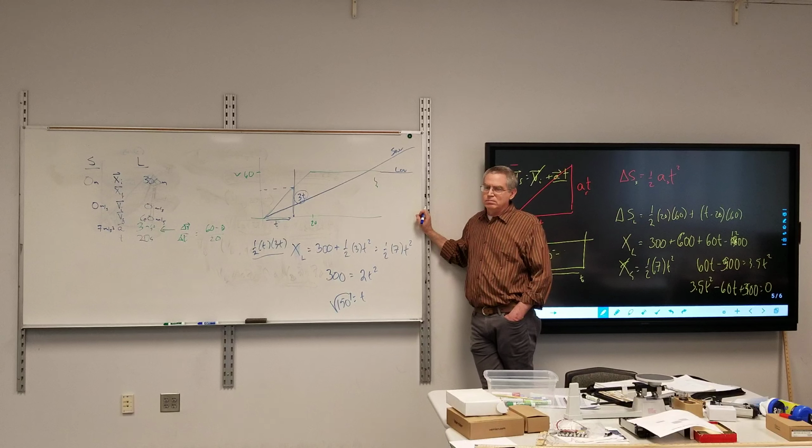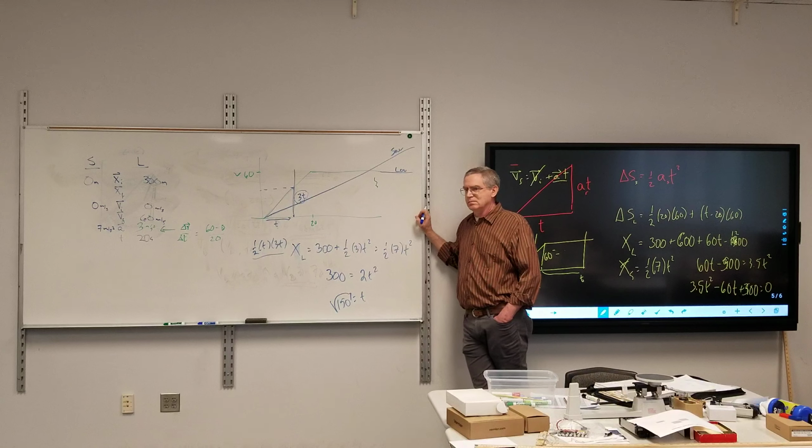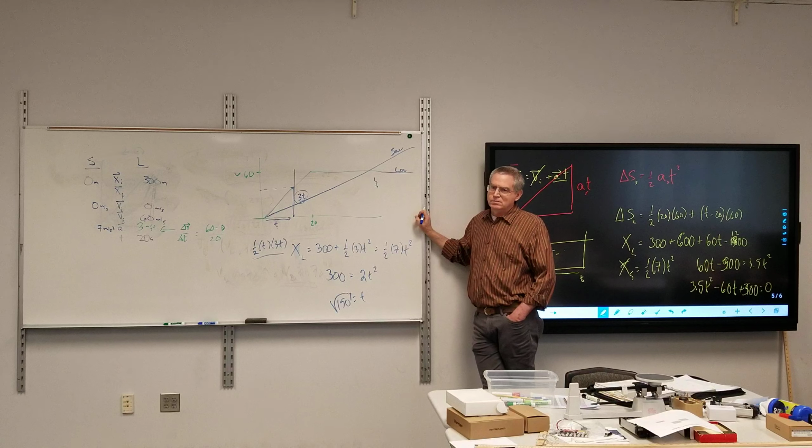Do you want him to redraw the graph? Okay, so to find when Sue catches up with Lou, you do 300 plus the area of the triangle for Lou.